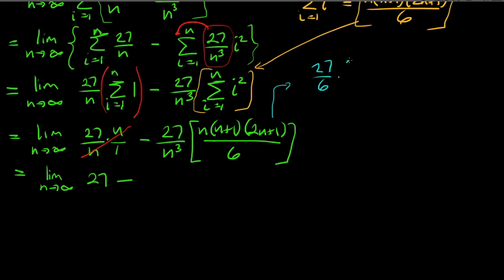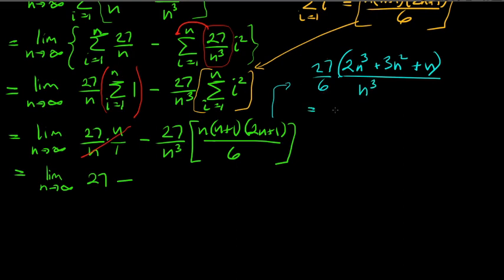If you multiply all that out, you're going to get 2n to the third power, then you're going to get 3n squared, and then you're going to get plus n. Again, don't believe me, multiply it out. You just have to FOIL it and then multiply by n. I did 2n squared times n, 2n cubed, and then n plus 2n is 3n, times n is 3n squared, and then 1 times 1 is 1 times n, so that's the n there. And then we're dividing all that by n cubed times 6. I put the 6 in front.